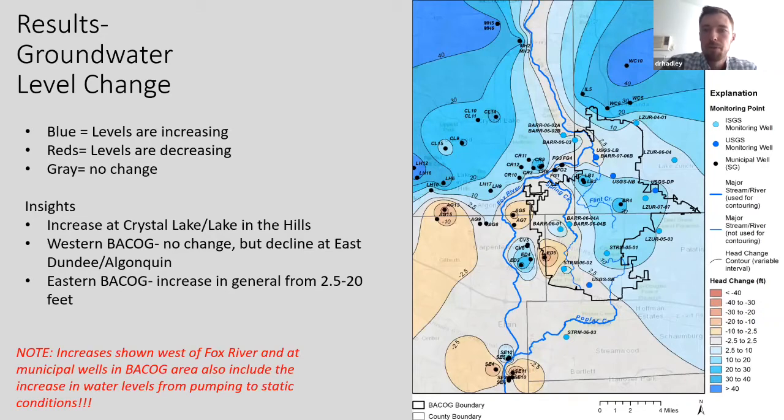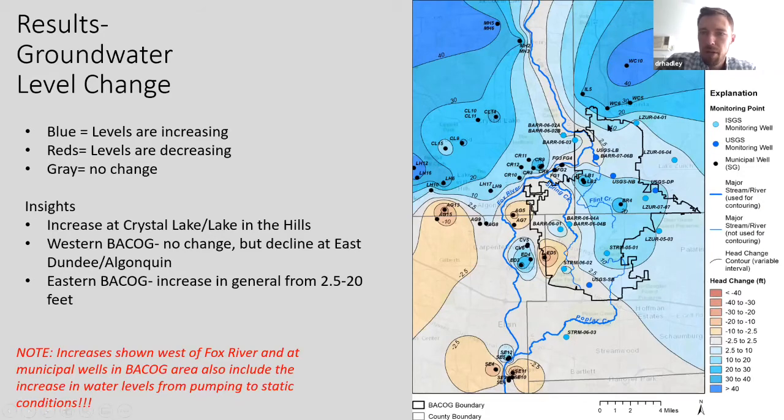But this map is representative of both the recovery that you would see when the wells were turned off and an overall trend over time, measuring from static water levels from 2017. I know that's confusing, but that's why I try to put this caveat in here to state that.